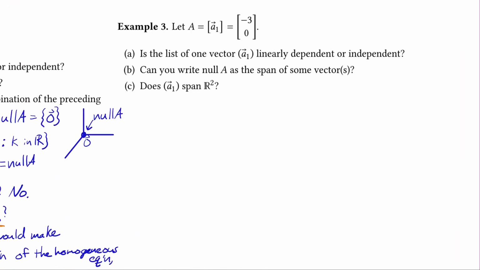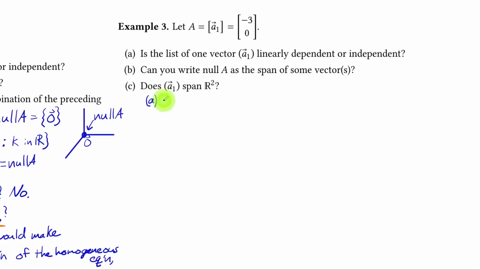Here we have a list of one vector, just A1. Is that linearly dependent or independent? So the question, if it's dependent, is does x1A1 equals 0 have a non-trivial solution? And again, the non-trivial solution that we're talking about is the coefficient x1.